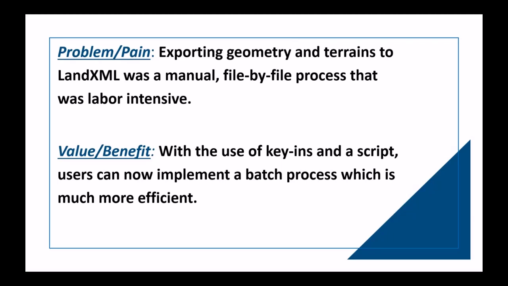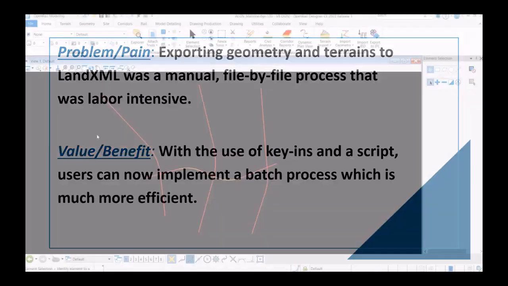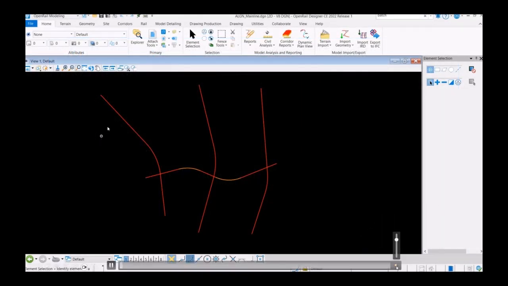Let's say, like in some markets, you may have to do deliveries every 2 weeks or every 4 weeks, submittals. If you have to go out into all your files and re-export all your geometry, that can be a very painful process. So with the use of these key-ins and a batch script, you can now make it much more efficient. So let's just take a look at how this works.